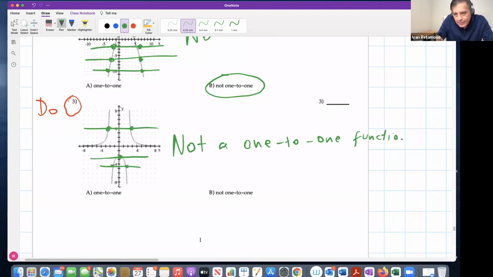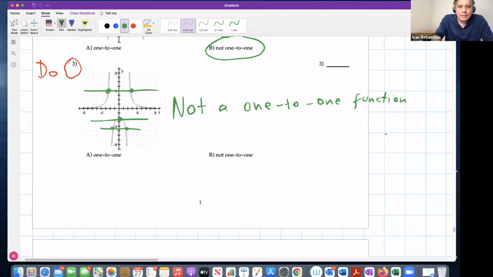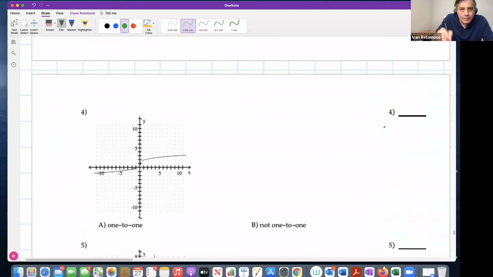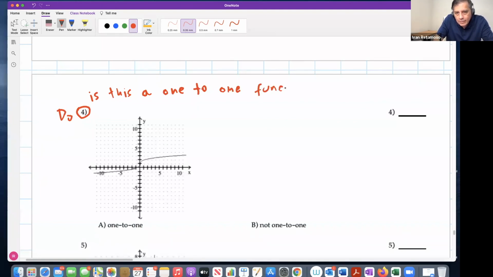Excellent, great. Let's check more here. This one is a tricky one. Let's see if you can figure this out. Is this a one-to-one function? Try to remember this for your homework.